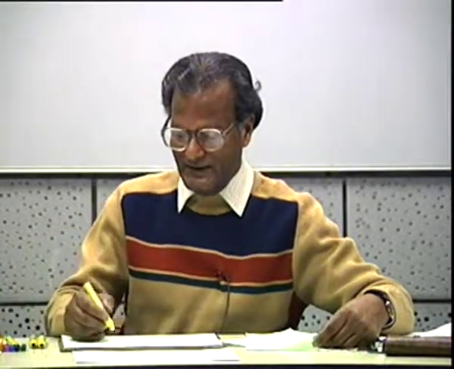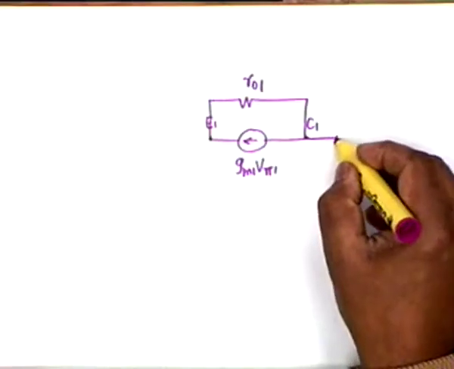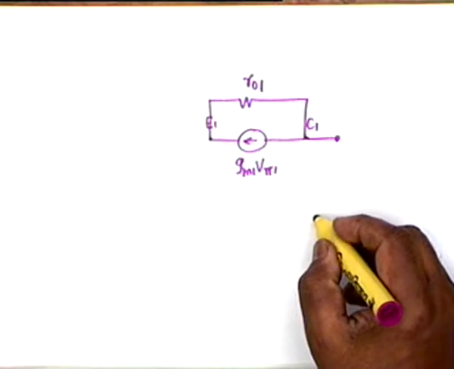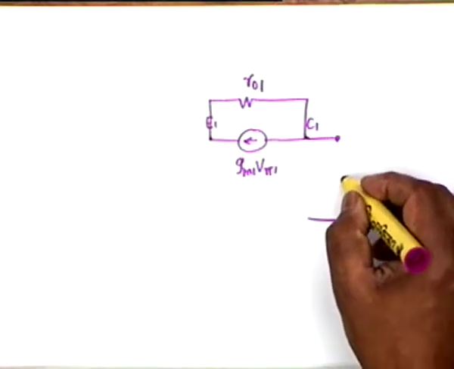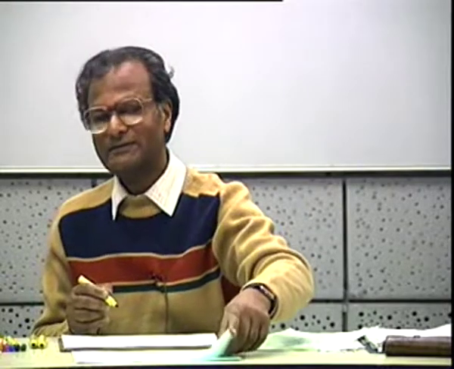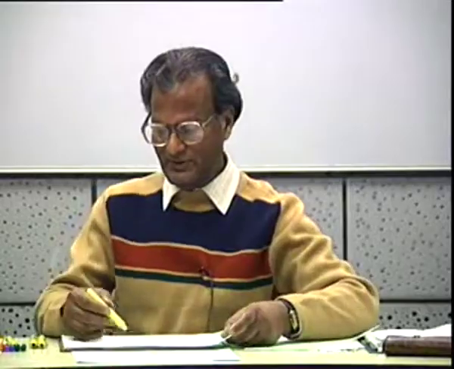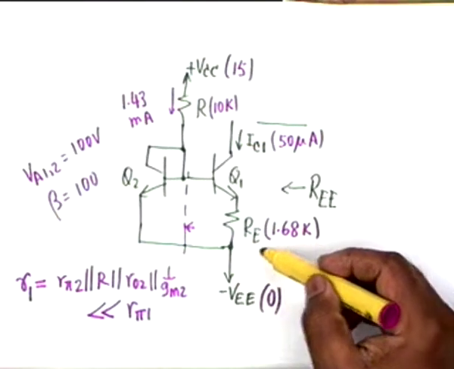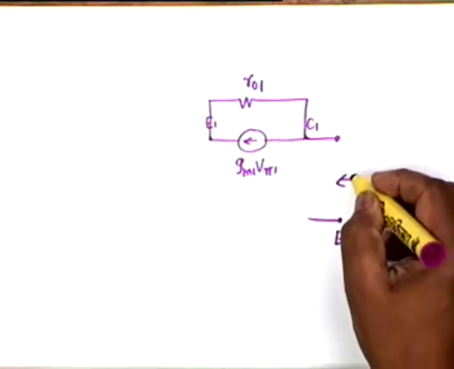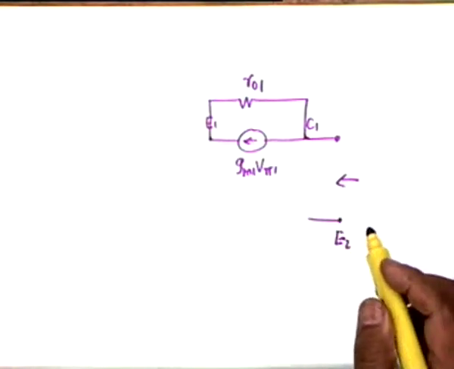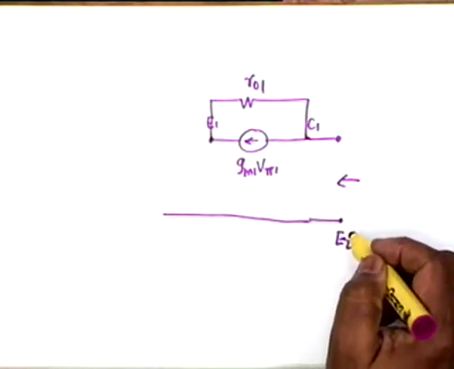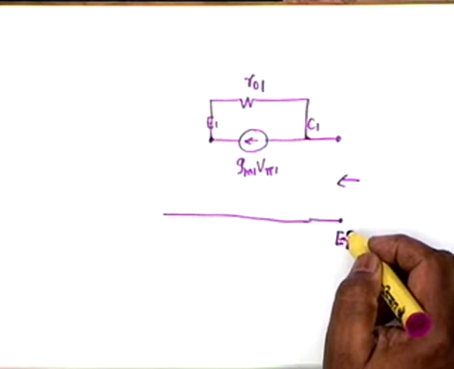Okay. Then from C1, the resistance is between C1 and what? Which terminal? E2. Between C1 and E2, between these 2 points, what is the effective resistance? So this is E2 and this is the impedance that we want to calculate.